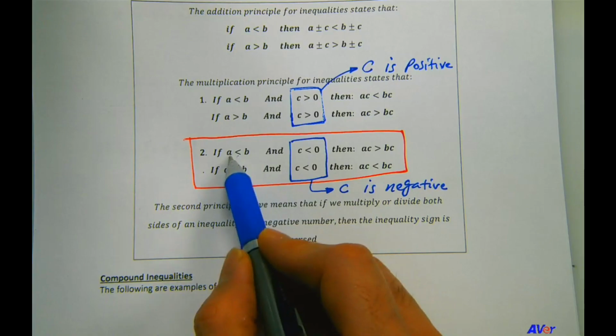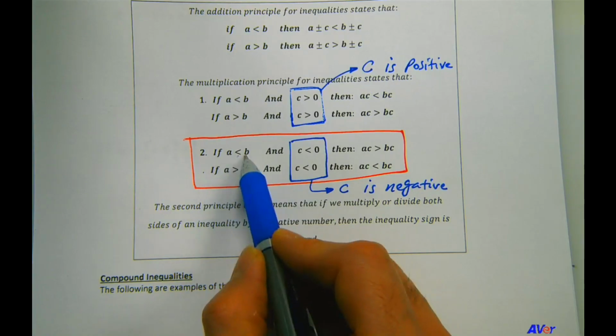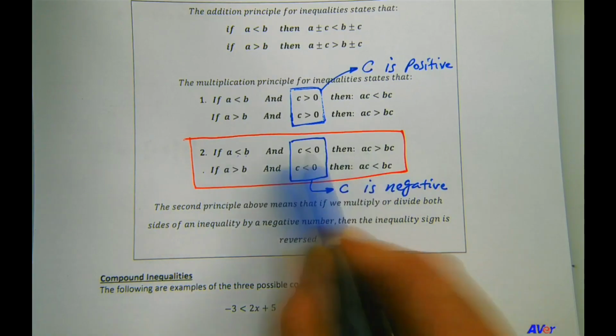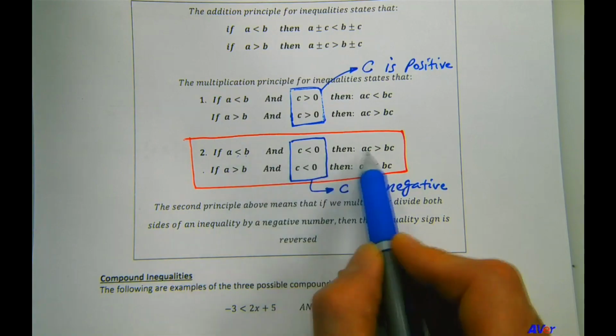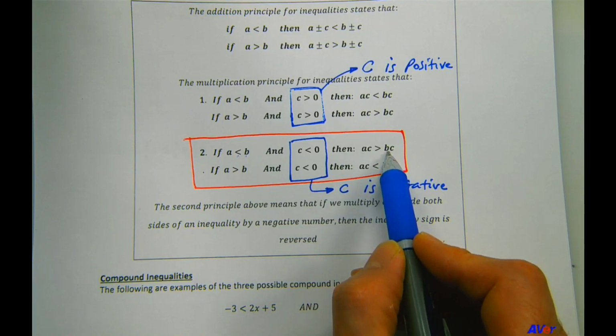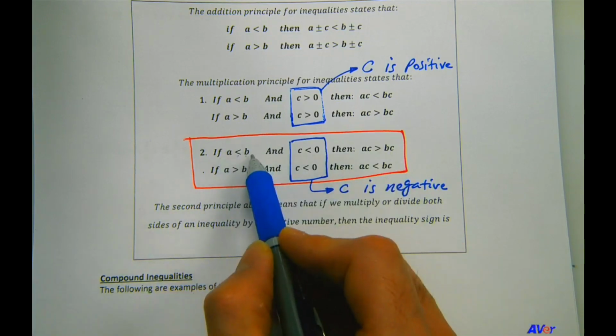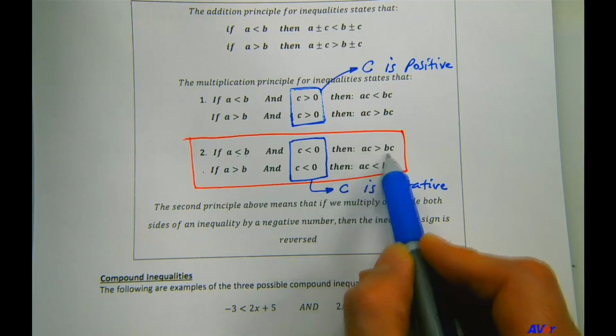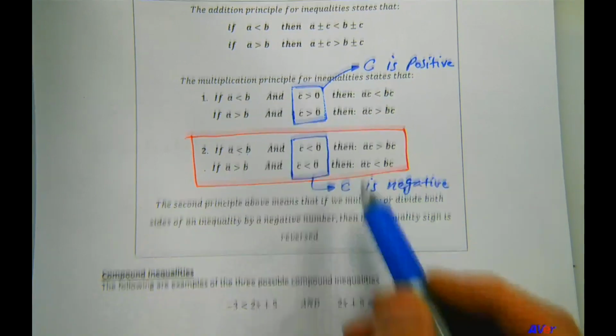So if the left side was less than the right side, now after multiplying both sides by a negative value, we have the left side greater than the right side. It switches direction. Why?